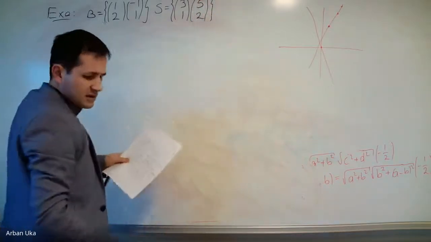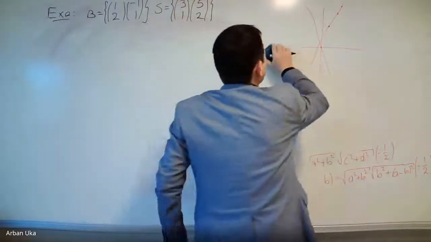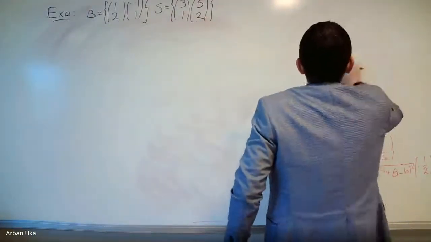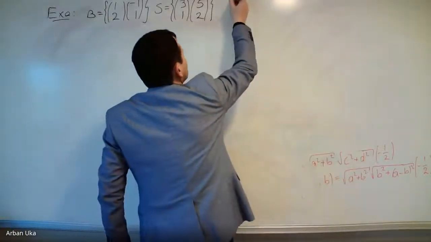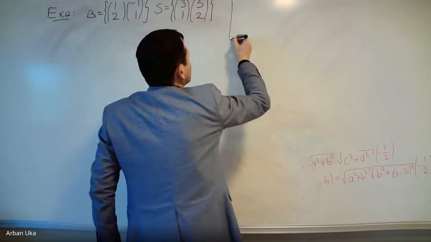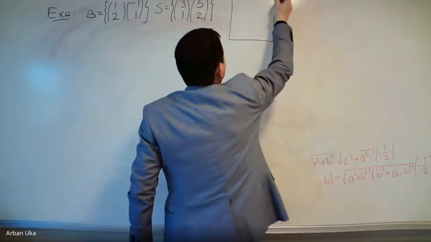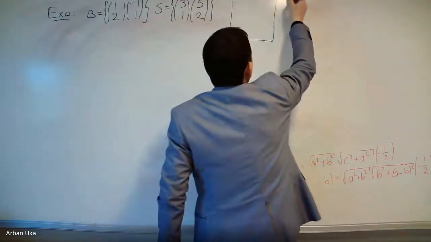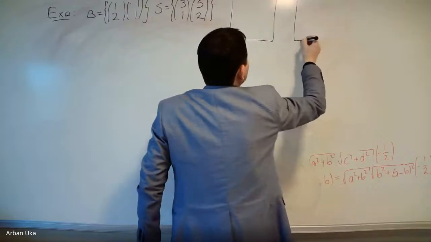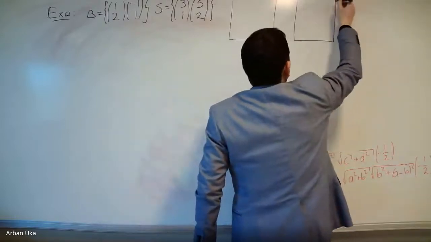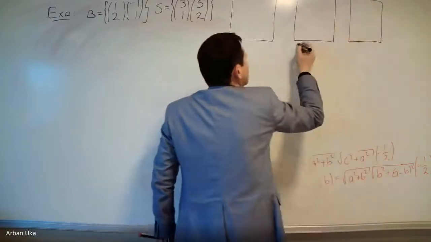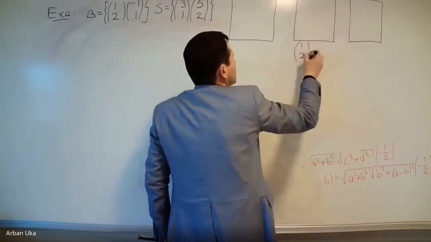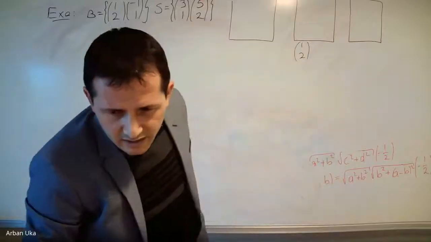So we have two bases, and with these two bases which are provided, we have to consider, I want you always to think about these problems using this schema that I'm showing you here, okay? This is a schema, you have seen this enough, and I want this one to be always in your mind, okay? So here, we have the standard basis, and Arkea, can you help me here?